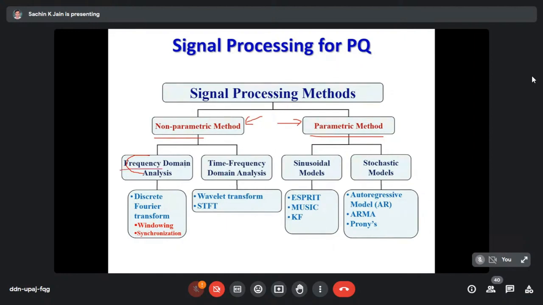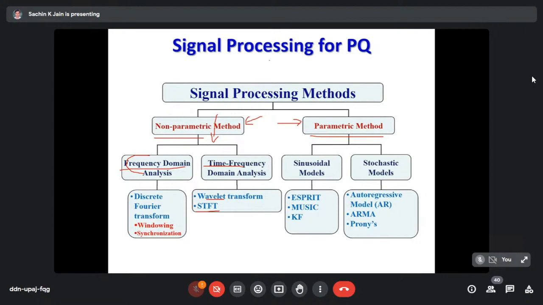They can be in frequency domain or they can be time frequency domain analysis, for example, short time Fourier transform or wavelet transform. In parametric methods, the philosophy is altogether different. Instead of decomposing a signal, we model a signal in terms of some parameters.